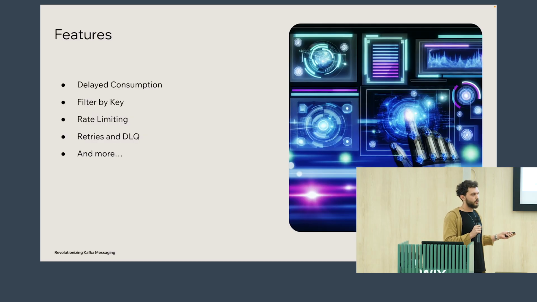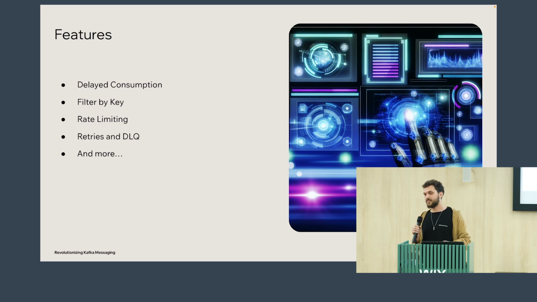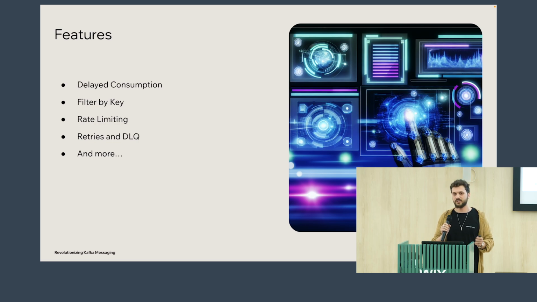When we built this client library, we also wanted to allow more features. We want to make our developers' life as fun as possible. So at Wix we have a dynamic configuration system. It's not something that we're managing; it's something that all of Wix uses.